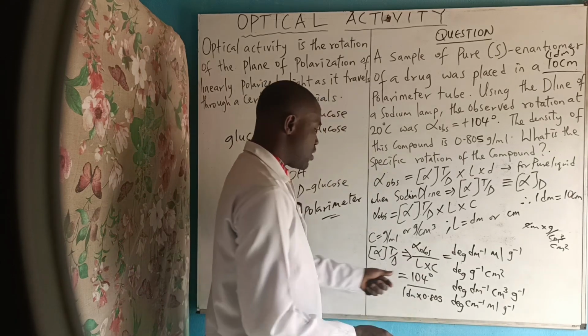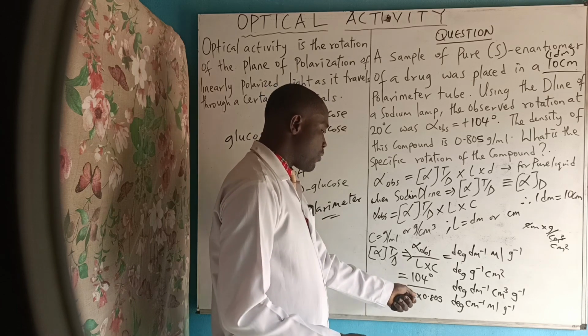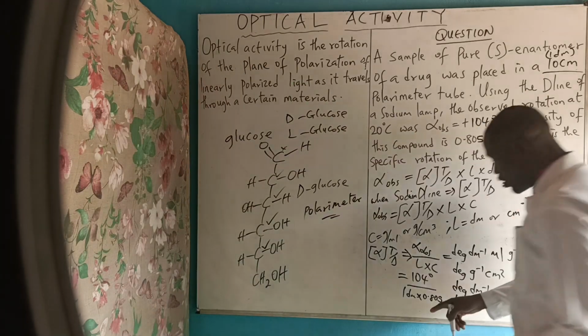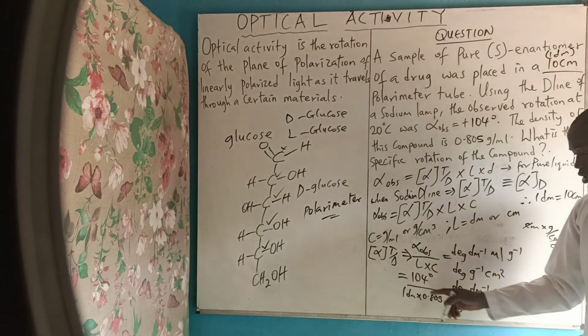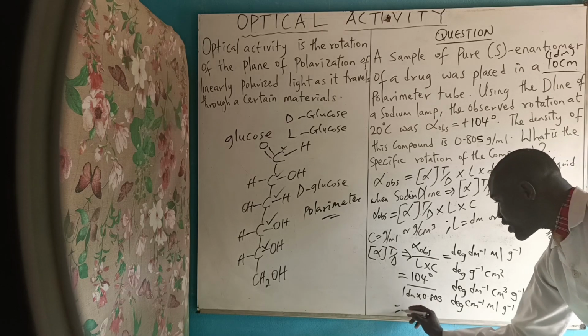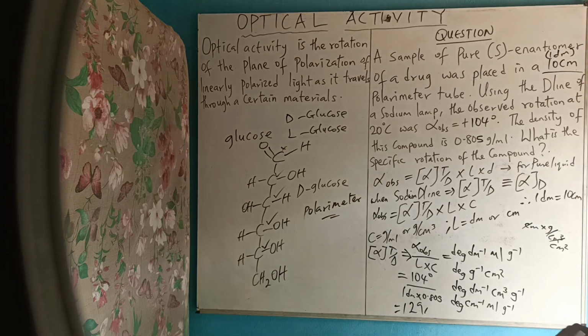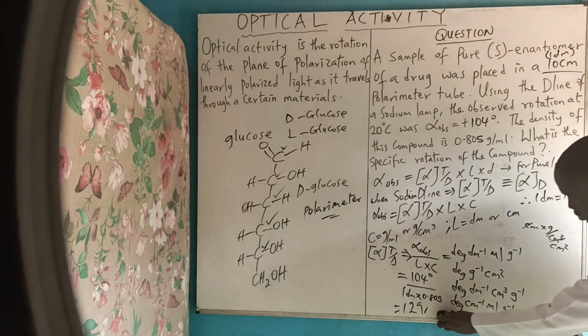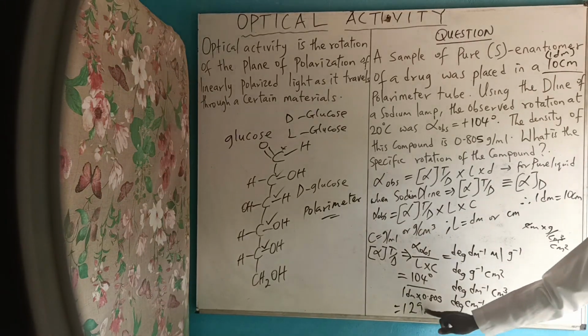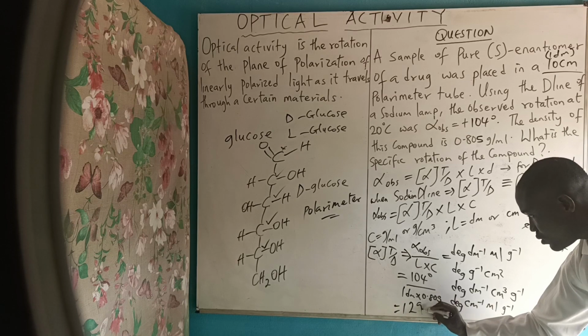This will give me 104 over 0.805. If you press it in your calculator, 104 divided by 0.805, it will give you 129.19.